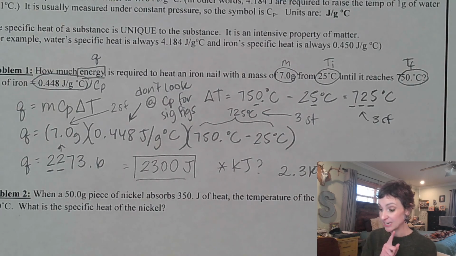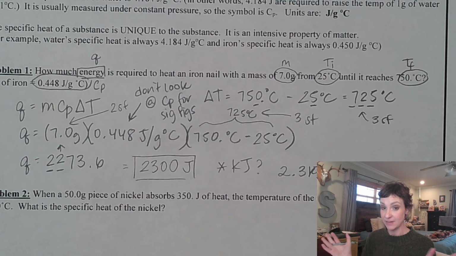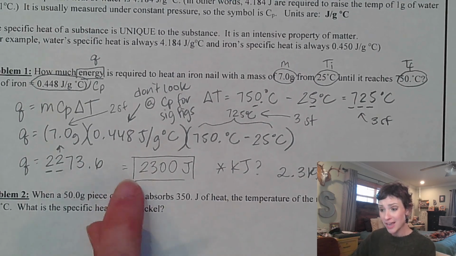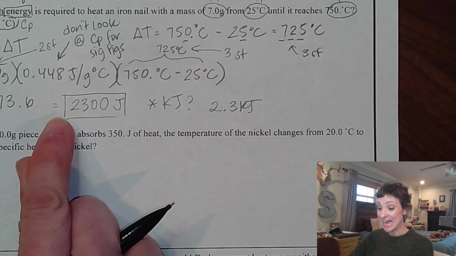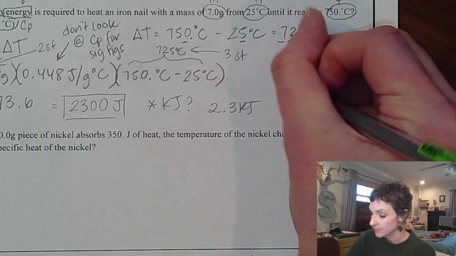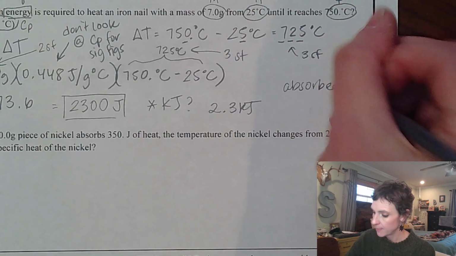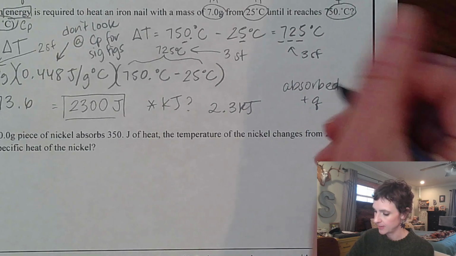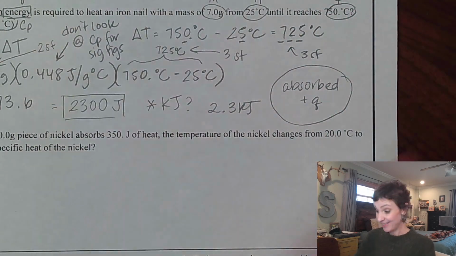The next thing I want to address: we talked about what it means when Q is negative and Q is positive. I have a positive number here. So that means that energy was absorbed, because of a positive Q. Okay, and I can even go back to the problem and ask, does the way they're describing this process make sense, that the iron is absorbing heat?